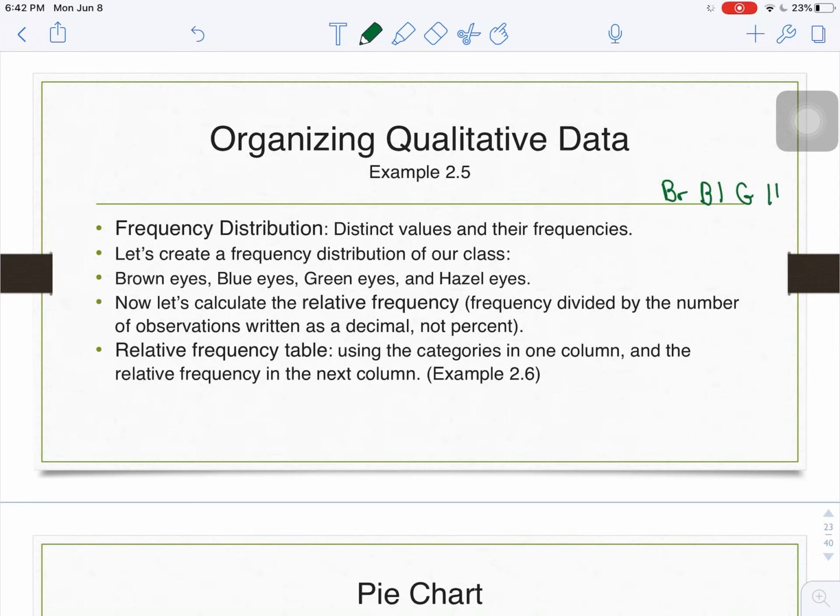Here's brown, blue, green, and hazel. I'm going to do it this way because it'll be easier to read when we're going across. So here's the eye color. We have the frequency.